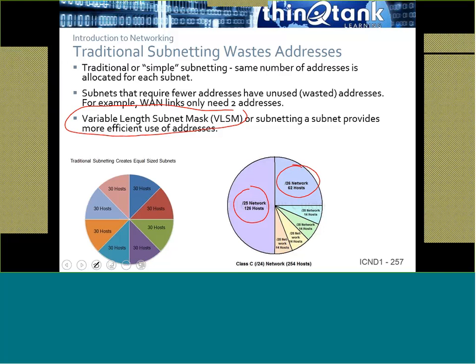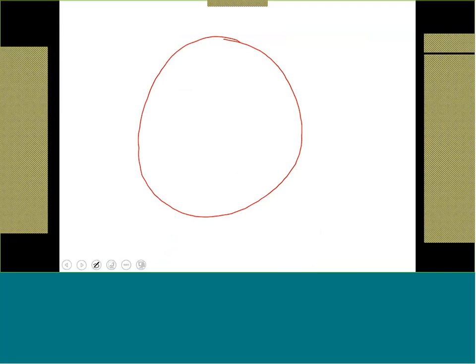But there's something very important that I want to describe about this process. Let's say this is 0 and this is 255. And we're talking about 10.10.10.0/24. This circle represents that network.